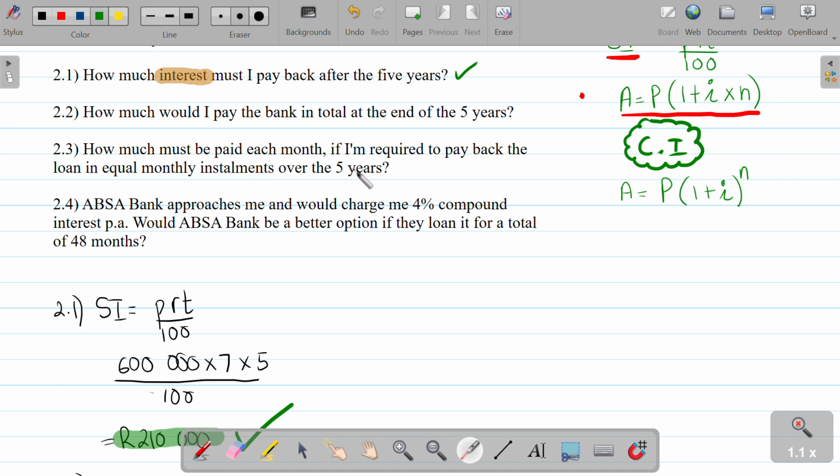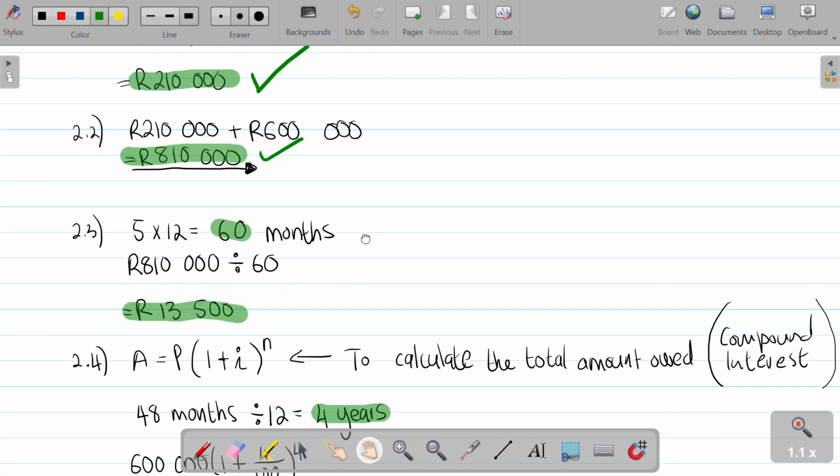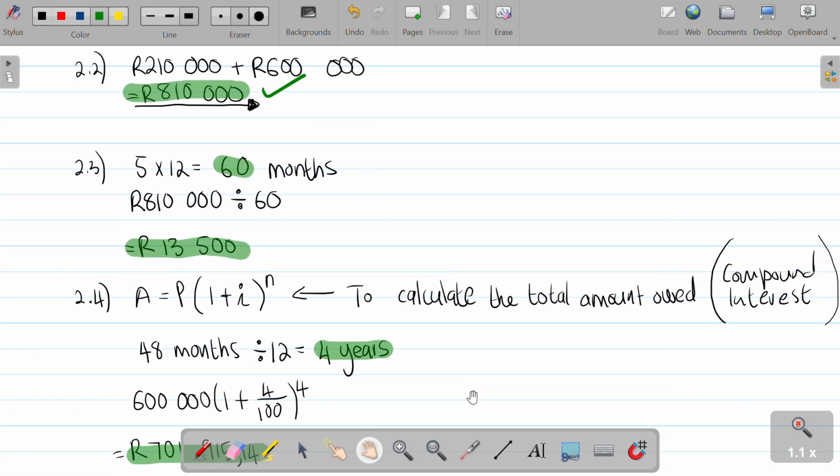That means we must find out how many months there are in 5 years, and we'll take our total amount and divide it by that amount of months to find out how much we must pay for 1 month. So basically, we say 5 years times 12 because there's 12 months in a year. So it's 5 times 12 equals 60. So there's 60 months in 5 years.